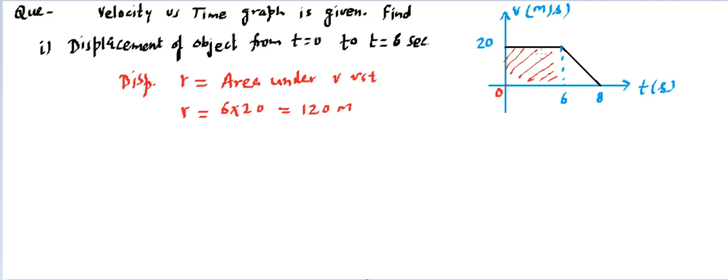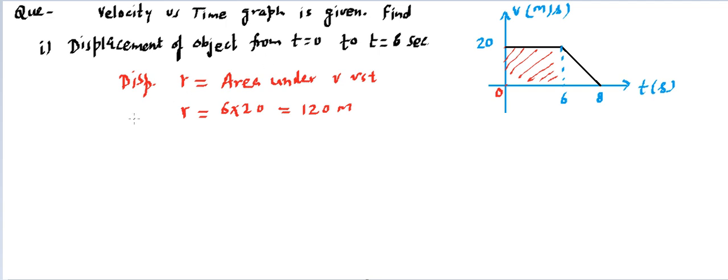Now you'll find calculating displacement becomes very simple whenever the graph is given to us. Graphical questions are very important for exams, and they are very simple as well. For that you need to simply learn what's going on. So that's 120 meter.